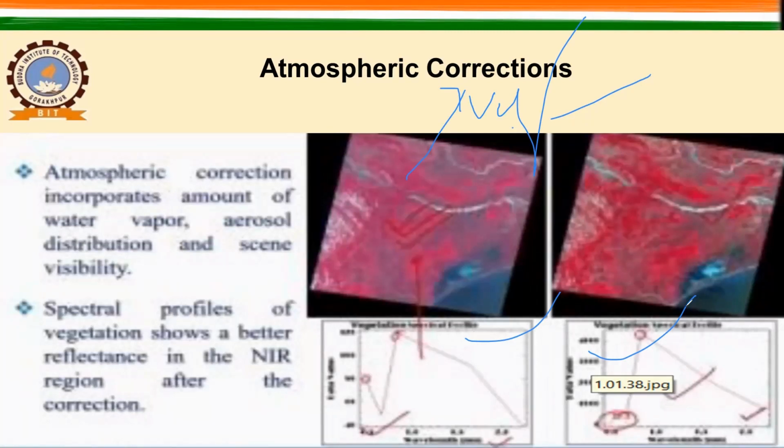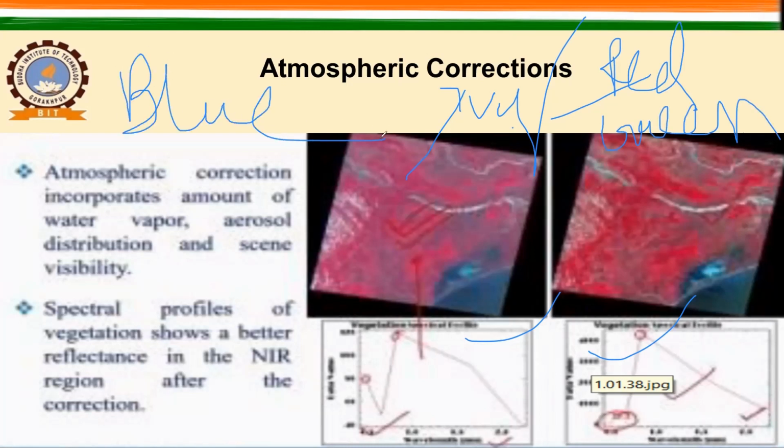We need 3 bands to assign to red, green, and blue, and then we generate this kind of image. But in the background, you have 10 different bands. Okay, in the background we can have 10 different bands. So for this particular pixel, you have 10 values, and those 10 values are plotted here.